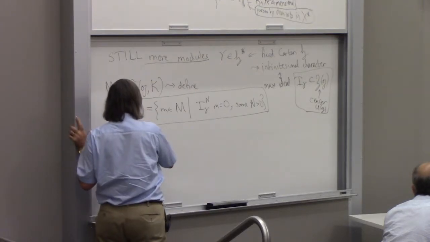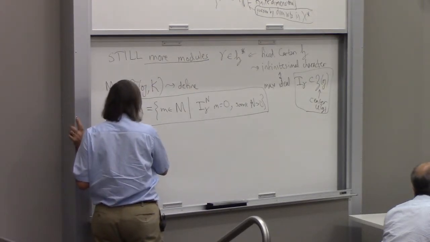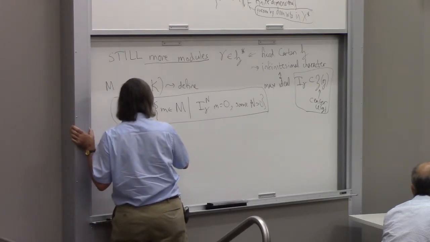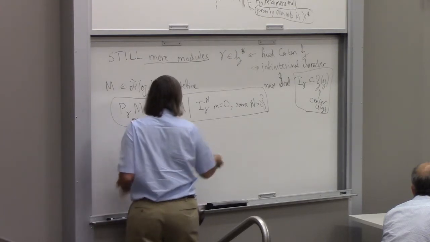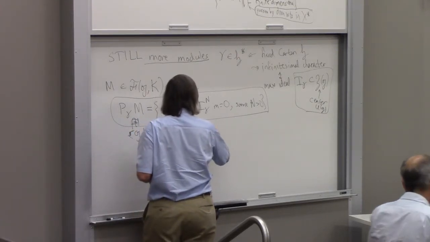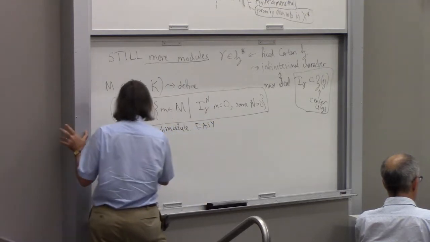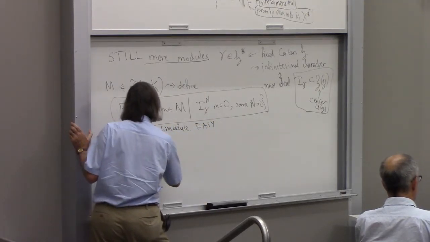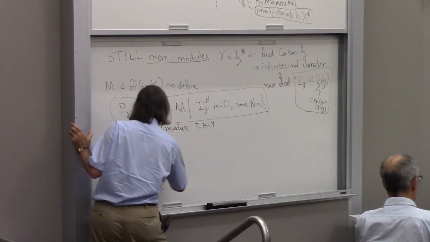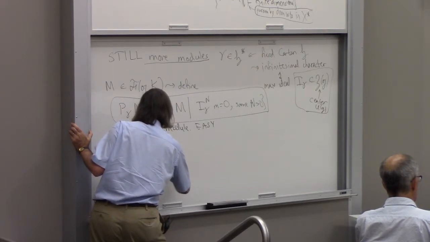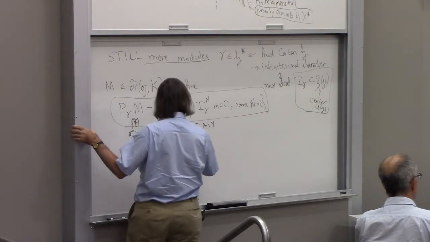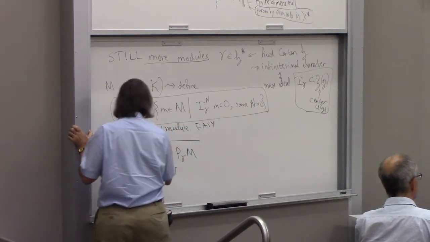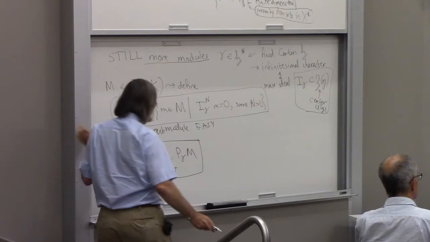So this is obviously a GK submodule. And what's easy is that M is the direct sum over gamma in H star mod W of P_gamma of M.